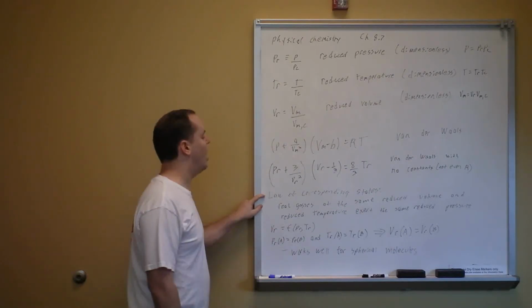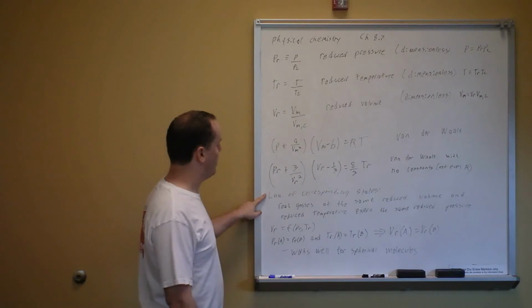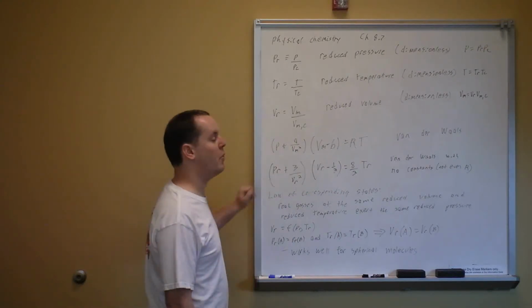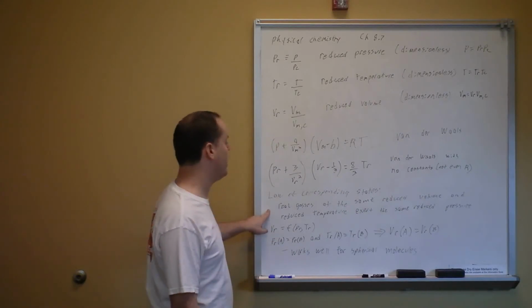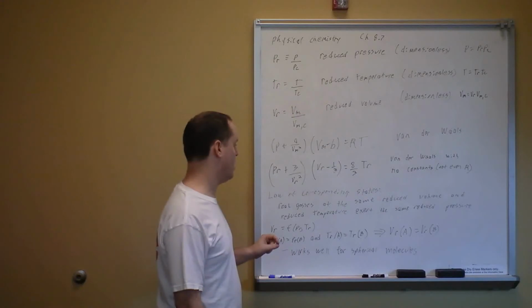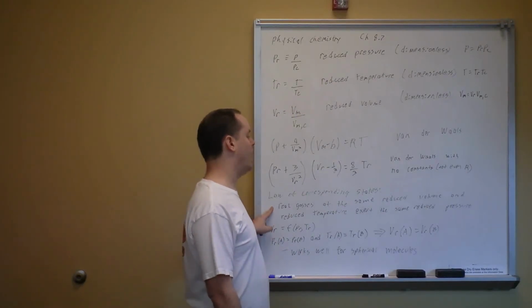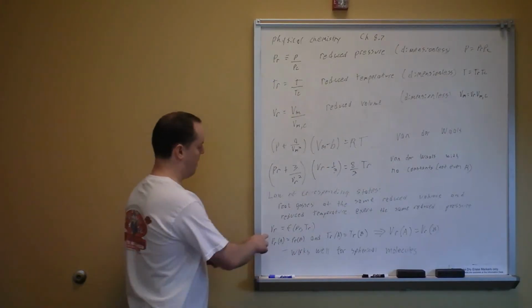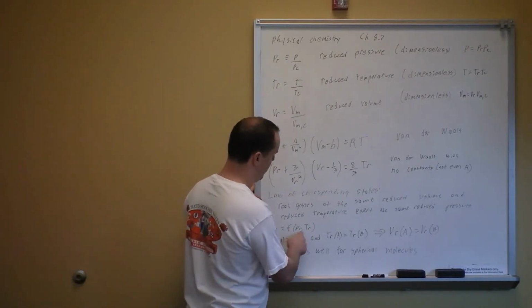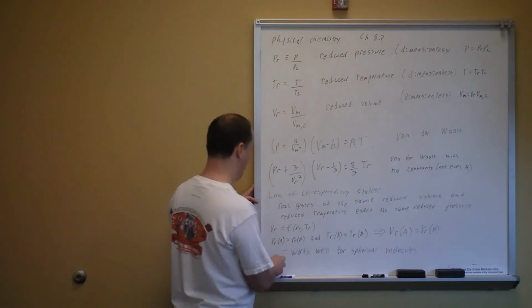So now let's talk about the law of corresponding states. The law of corresponding states says that for real gases at the same reduced volume and the same reduced temperature, they're going to exert the same reduced pressure. So what we're saying here is that our reduced volume is a function of reduced pressure and reduced temperature.